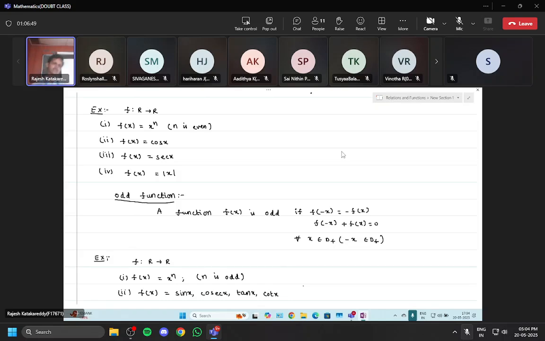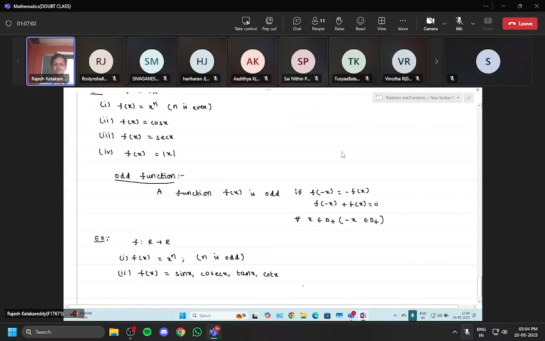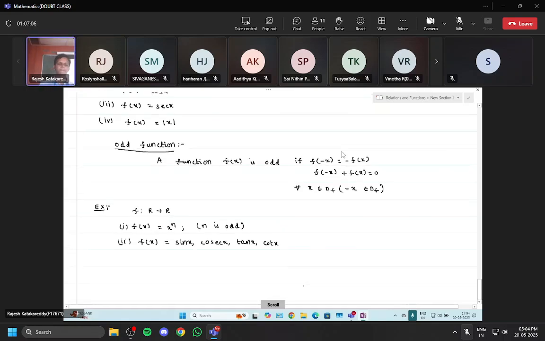Before going to properties, we will see there are some trickier problems where it is difficult to prove that f of minus x is equal to minus f of x. Those problems we will see, and then we will see the properties. Right. We need to check whether the given function is even or odd.